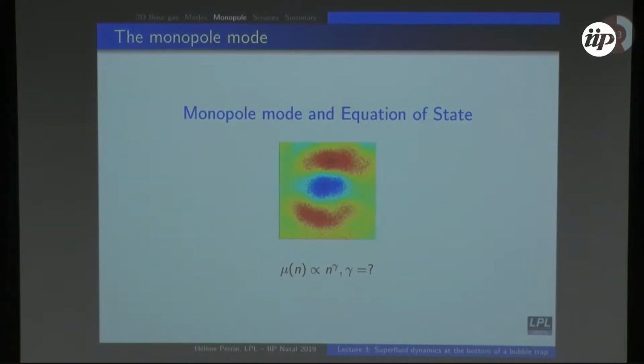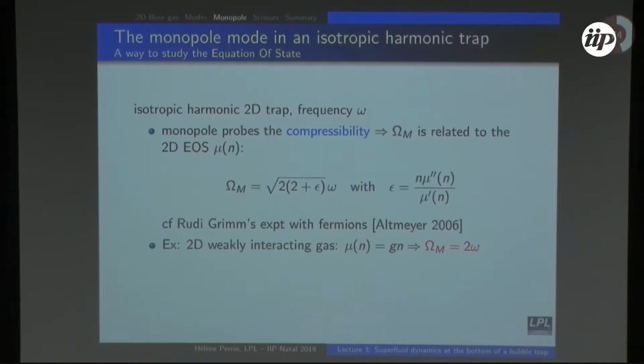So let me discuss first the monopole mode, which is a signature of the equation of state. If I have an equation of state of the form mu proportional to n to the power gamma, can I get the gamma by observing this mode? So for this set of experiments, we use a very isotropic trap, because we want the monopole, so there is no anisotropy like for the scissors.